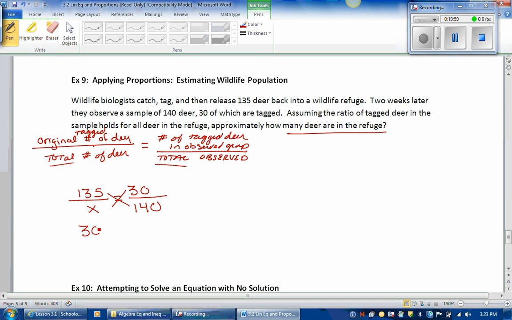So when we cross multiply, 30x equals 18,900. Then we divide by 30, and we wind up with 630 deer for the total population.